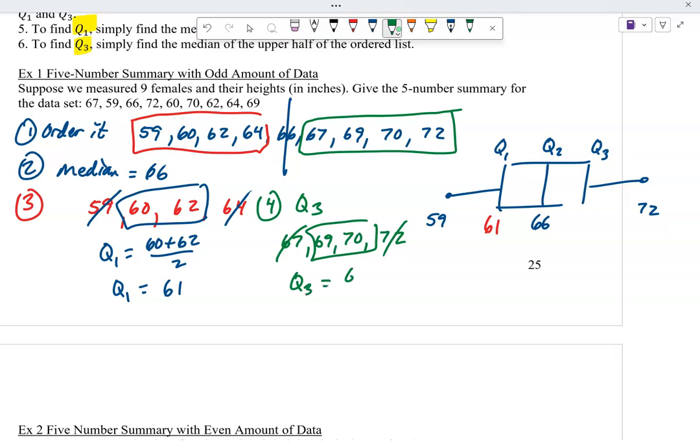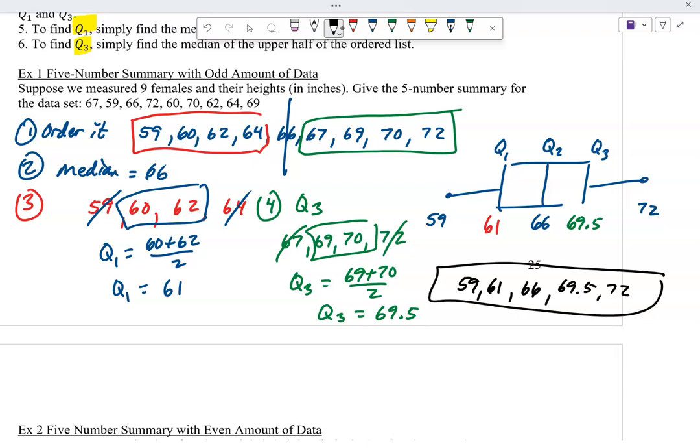So the third quartile, 69 plus 70 divided by 2, which is 69.5. So there's my 5-number summary: 59, 61, 66, 69.5, and 72. Again, this is my min, this is my max, this is my median, or the second quartile. This is the first quartile, this is the third quartile of the data.